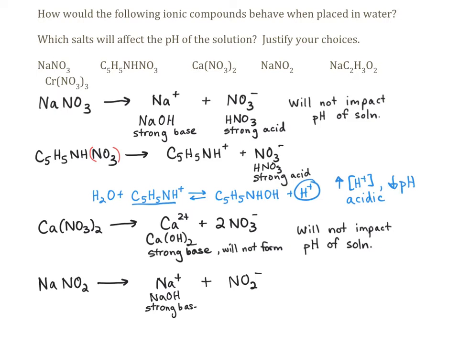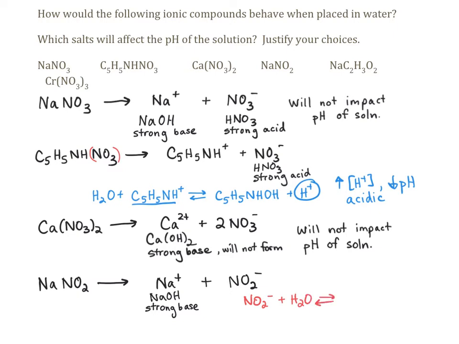But we have this NO2, which would form nitrous acid. It is a weak species. So if we put NO2 into the water, we will get a weak kind of response.